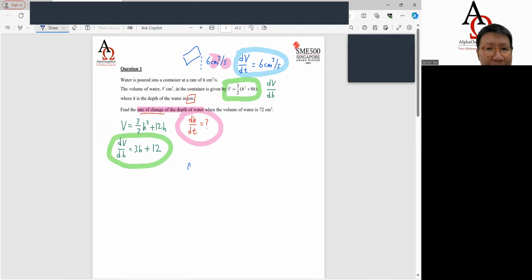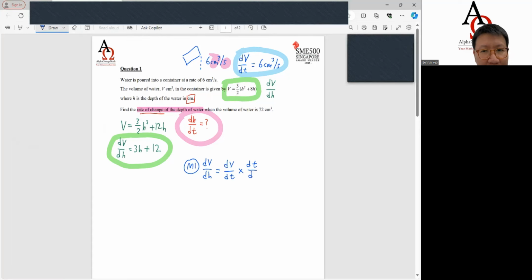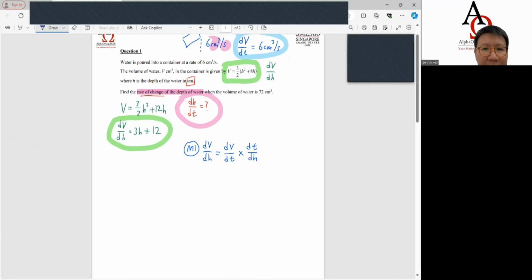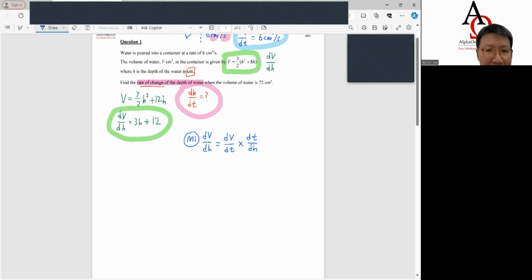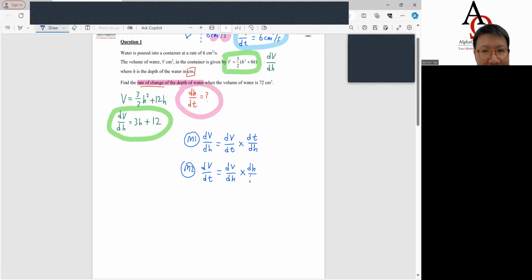The first method is to write it as dV over dh equals dV over dt multiplied by dt over dh. The other way to see it would be dV over dt equals dV over dh multiplied by dh over dt.